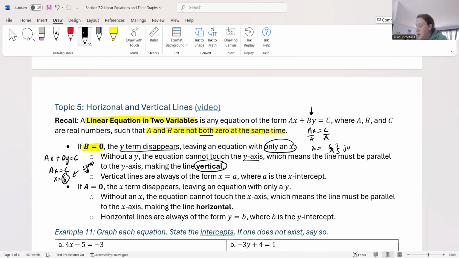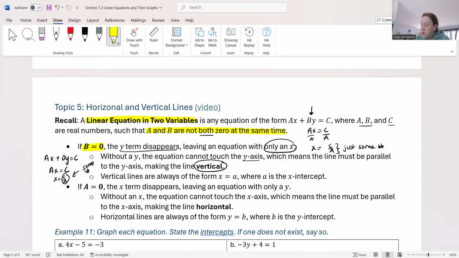This is just a number, because remember, a, b, and c are real numbers. So anytime we get x equals a number, that indicates a vertical line, because without a y we cannot touch the y-axis, but with an x we must touch the x-axis. The only way that can happen is if our line is parallel to the y-axis, which makes it vertical.